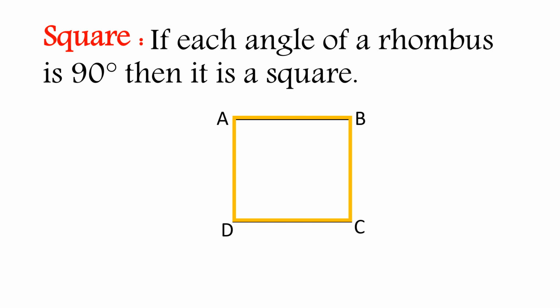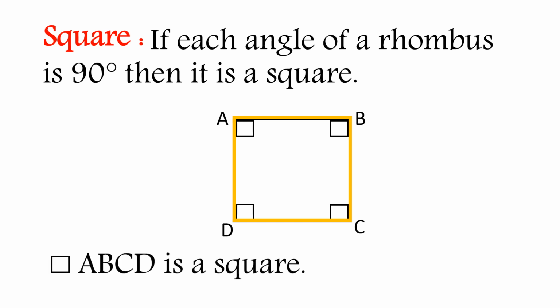Hence it is a rhombus. But here angle A, angle B, angle C and angle D are right angles. Hence this rhombus is called a square. Therefore quadrilateral ABCD is a square.